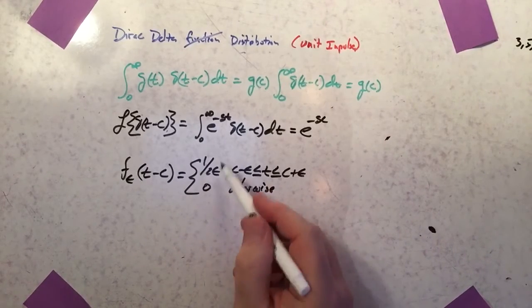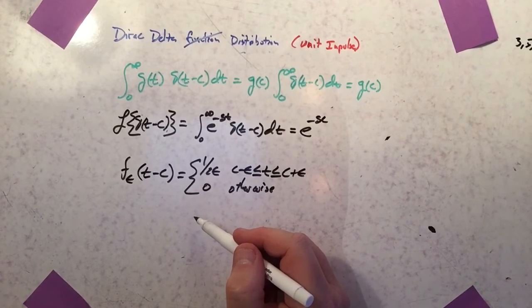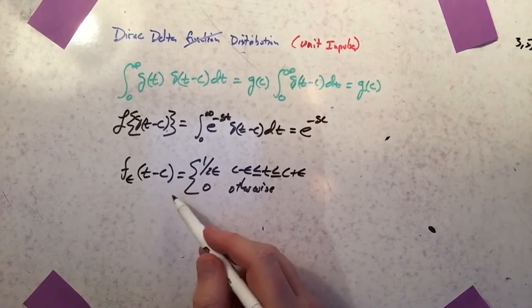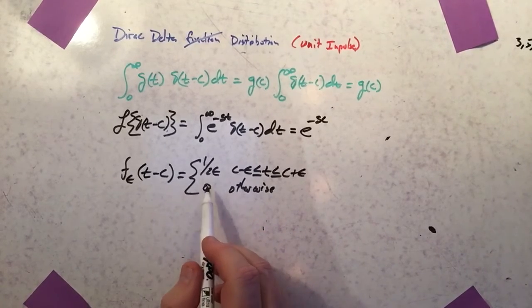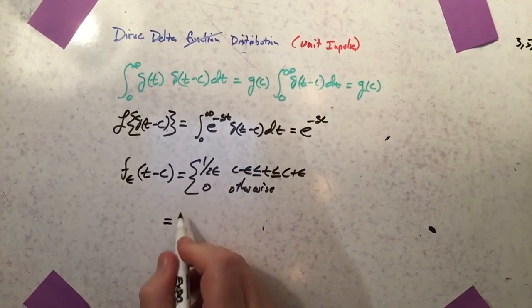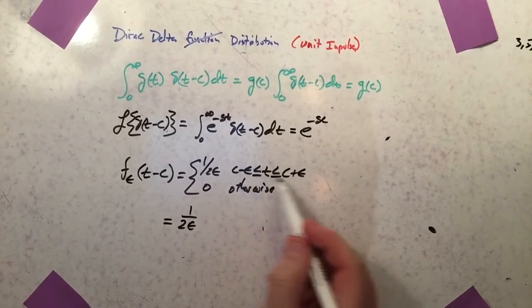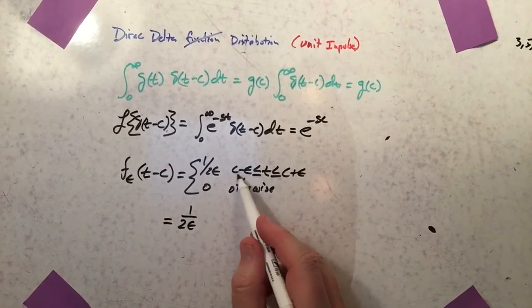Remember, the Heaviside function is really good at turning piecewise defined functions into pseudo-continuous functions which are defined everywhere. So let's do that with this guy, right? If it has a value of 1 over 2 epsilon, then we can write, hey, this is equal to 1 over 2 epsilon. And then I can use the Heaviside function to turn this condition on and off.